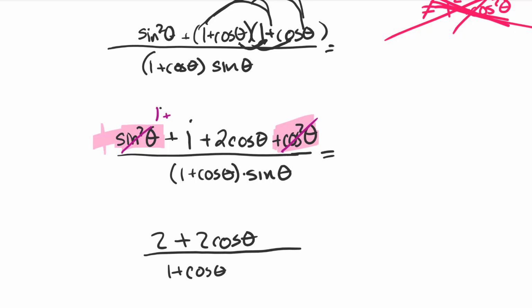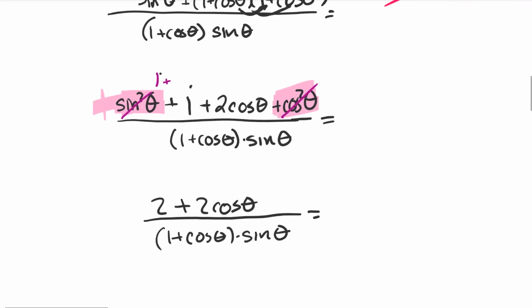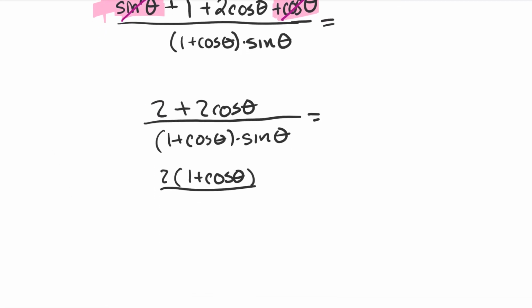Oh, and there it is. There's that 1 plus cosine of theta that we're going to turn the numerator into. That's going to cancel out. Cool. We get to this point, and now we're like 2 and 2. Let's factor out that 2 and 2, leaving us with a 1 plus cosine of theta on top and bottom. We'll be able to cancel it out. Here it is. We bring the 2 out, and we get 2 times 1 plus cosine of theta, that numerator, over 1 plus cosine of theta times sine of theta.